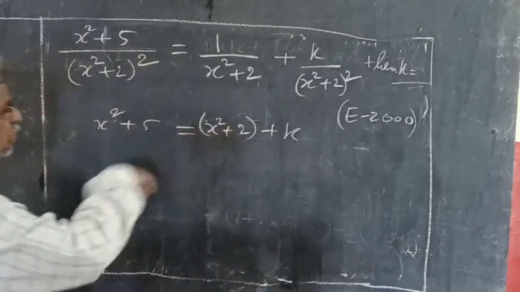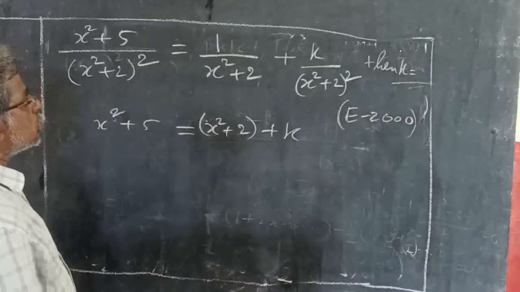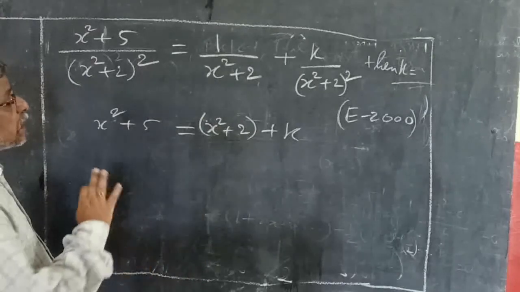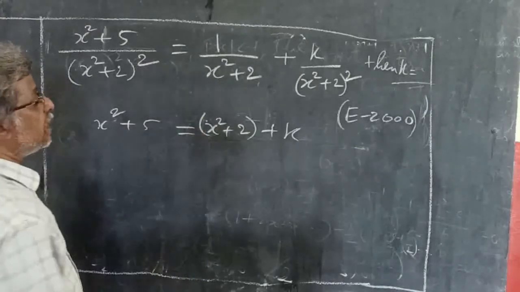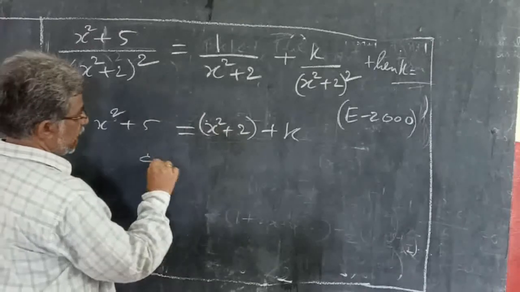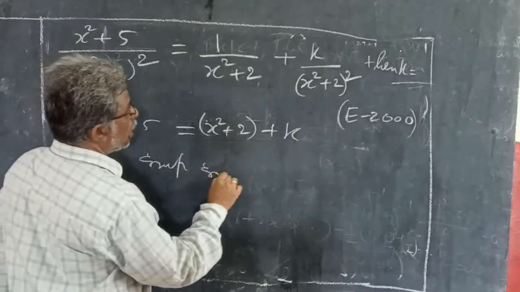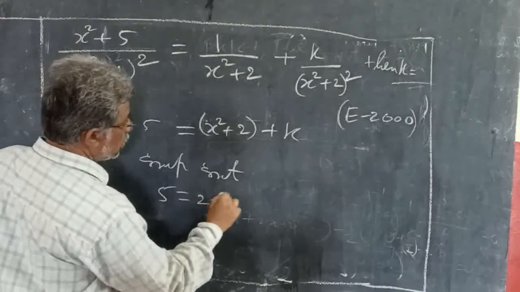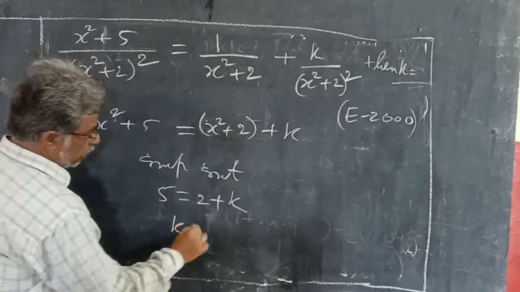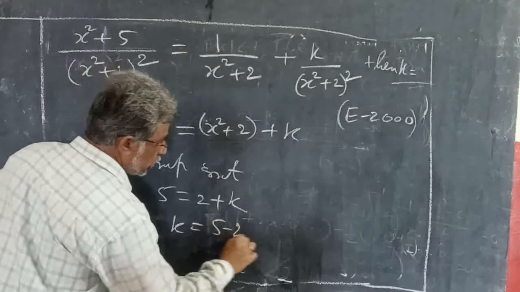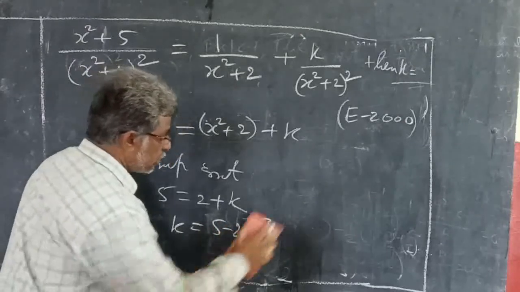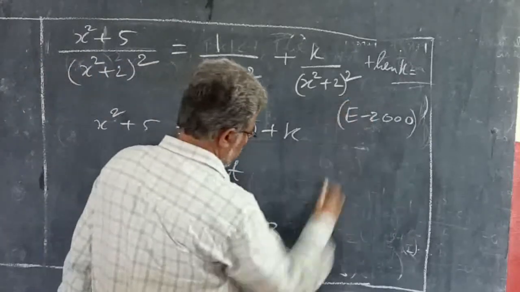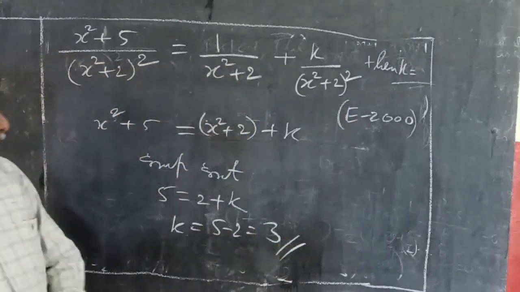I need the k value. Very simple. Substitute x equal to some value and you will get the k value. Or comparing constants you will get the k value. So I am comparing constants. What do I get here? 5 equal to 2 plus k. K equal to 5 minus 2, which is 3. So the k value is 3. Simply our answer is 3.